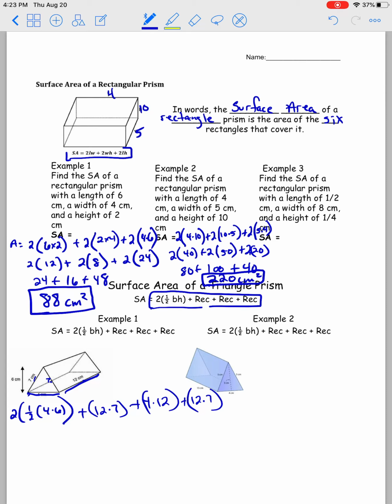Okay, let's do some math. 4 times 6 is 24. If I times that by half, or divide it by 2, is the same thing, same concept, you get 12. And then when you multiply it by 2, you get 24. So that's 24. 12 times 7 is 84.